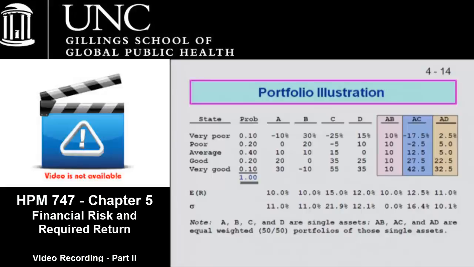Compare sigma of A and C with AC. It's halfway between A and C. So when assets are perfectly positively correlated, there is no risk reduction. It's simply the weighted average of both assets.